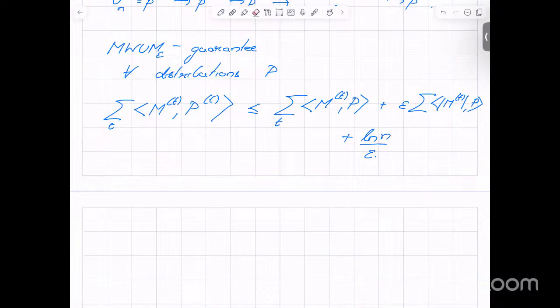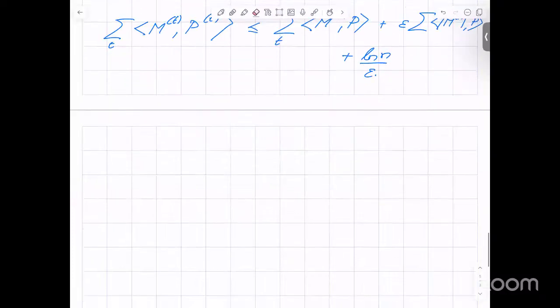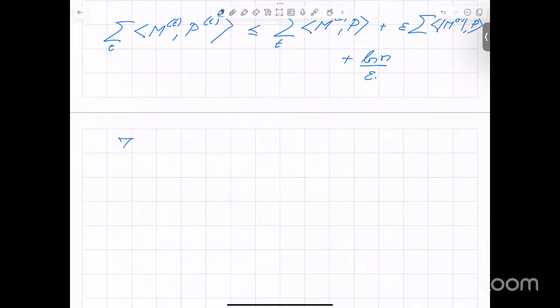So for each t, m_t P_t is exactly equal to C(P_t).